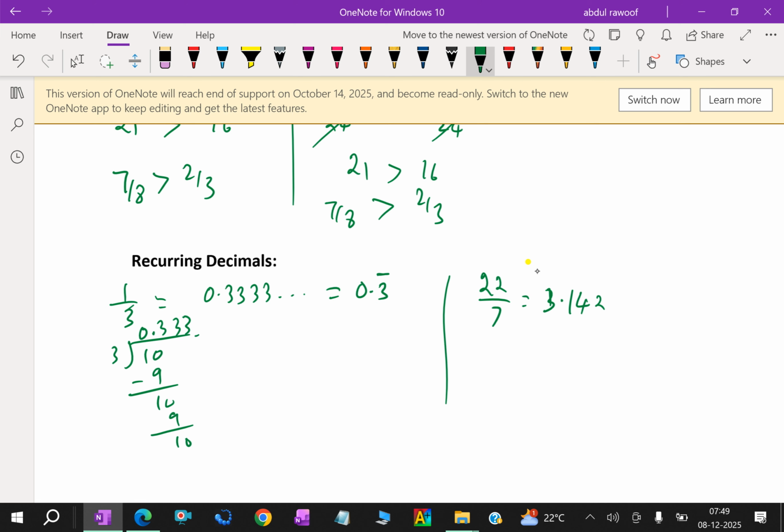That means you can do the long division and check easily. 22 by 7 is 3, 7 threes are 21, 1 add 0 because you have to put the point.